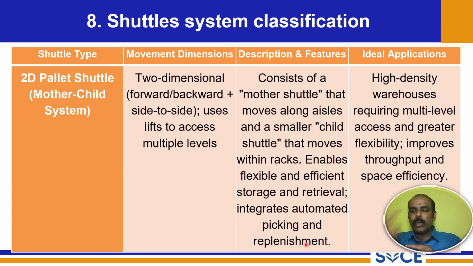So that is how two dimensions, front and back, top and bottom, are connected. Two shuttles within one system, if they are integrated, that's what we call a mother-child system. It suits high density warehouses requiring multi-level access and greater flexibility, and improves throughput and space efficiency. So one system itself will take care.